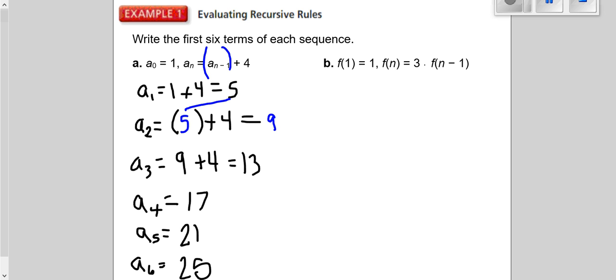Let's try 1b. Using a little different notation here, they have f of 1 equals 1. And then we'll find f of 2, 3, 4, 5, and 6.